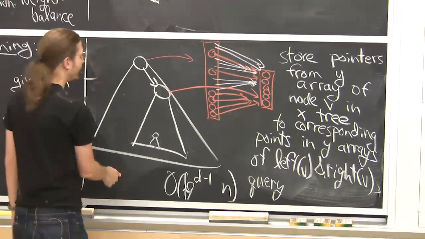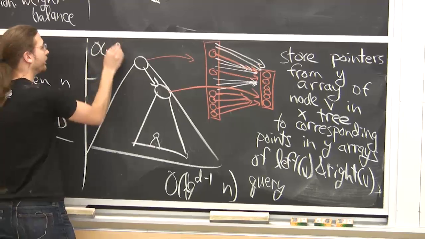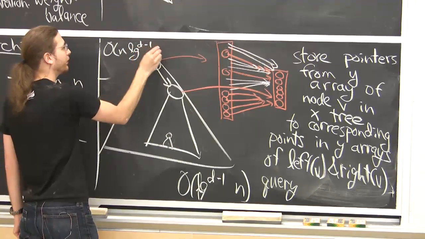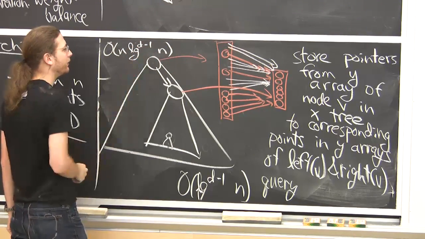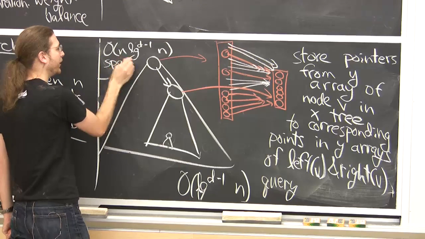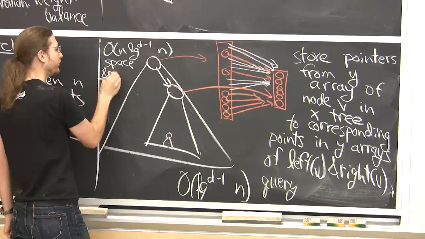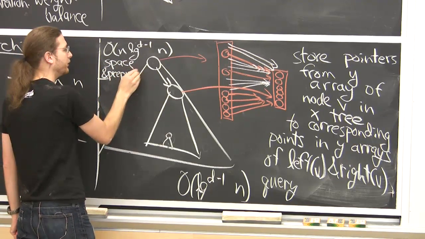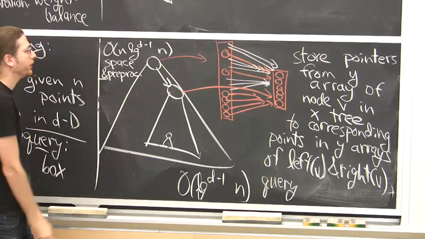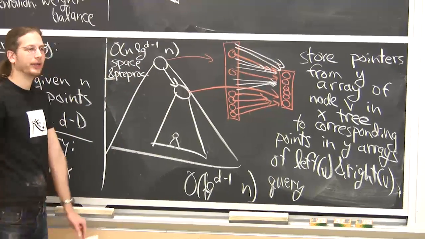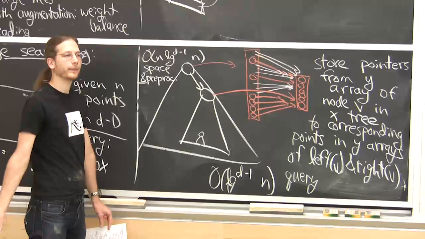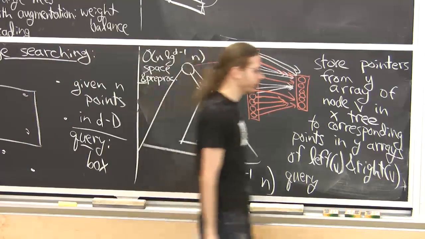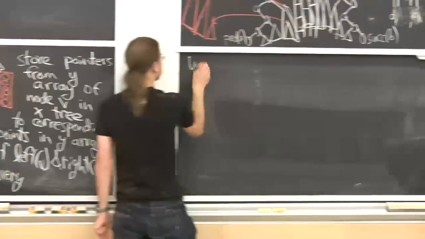The only thing we need out of this data structure is that it takes the same amount of space and preprocessing time: N log to the d minus 1 space and time to build the static data structure. If we have this, it turns out we can make it dynamic for free. This is the magic of weight balance trees.